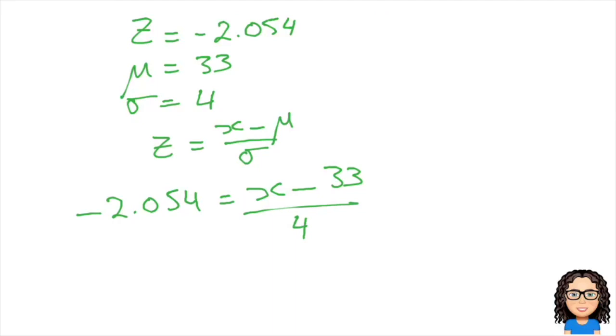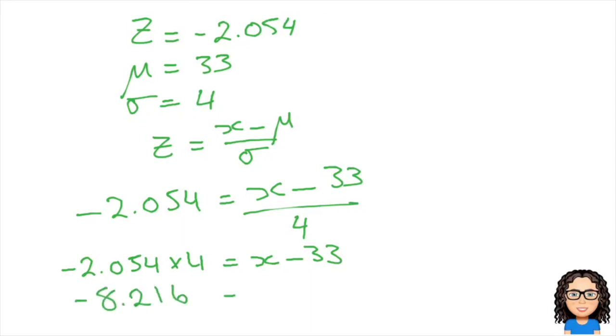So the next thing I'm going to do is move that 4 to the other side, and the opposite of dividing by 4 is multiplying by 4. So I'm going to say negative 2.054 times 4 equals x take away 33. So we get negative 8.216 equals x minus 33.